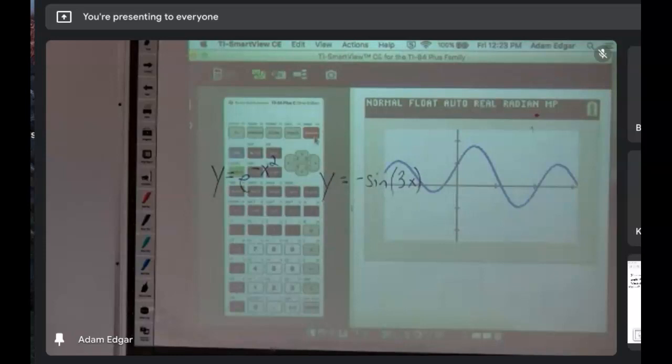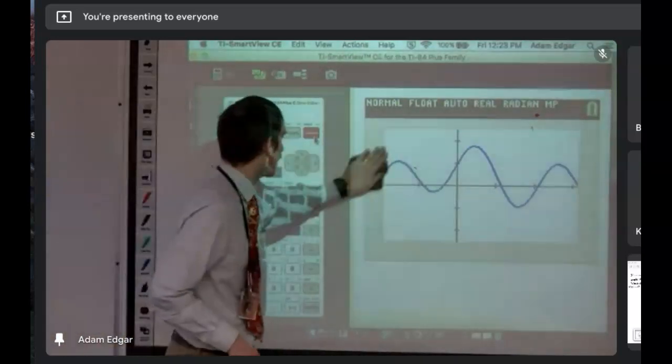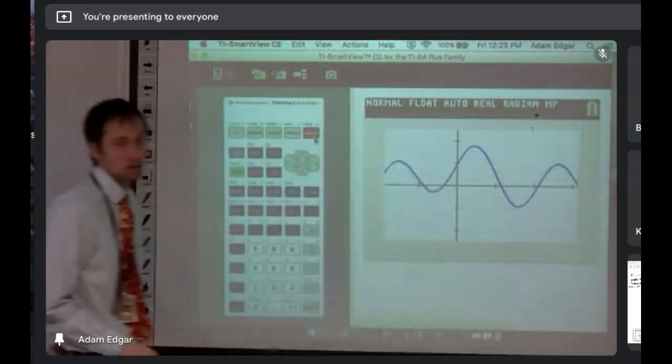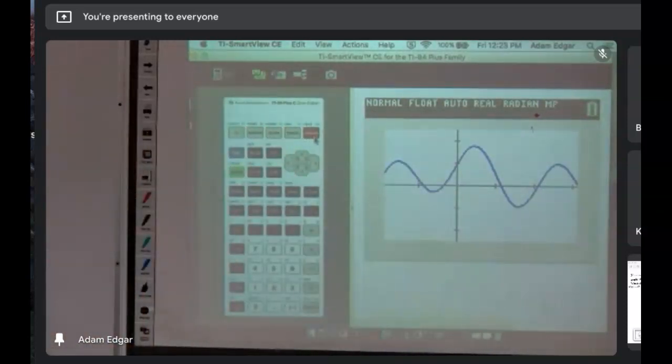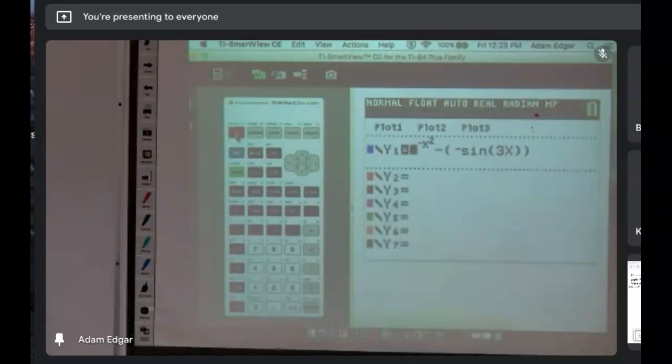So, first of all, in terms of setting up your integral, you need to know where these two curves intersect. I set things up so that I'll be able to get the integral right away as well. So I subtracted the two curves: e to the negative x squared, because that was the top curve, minus negative sine of 3x, because that's the bottom curve. To find where they intersect, I set that equal to 0.